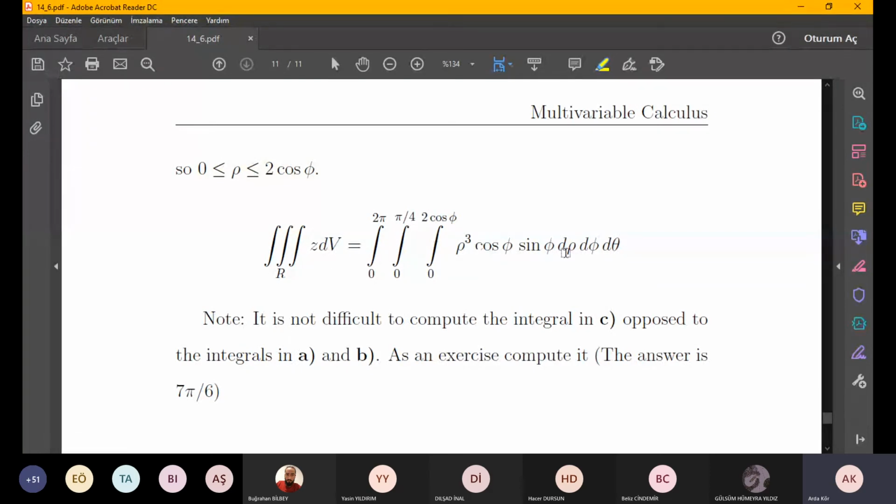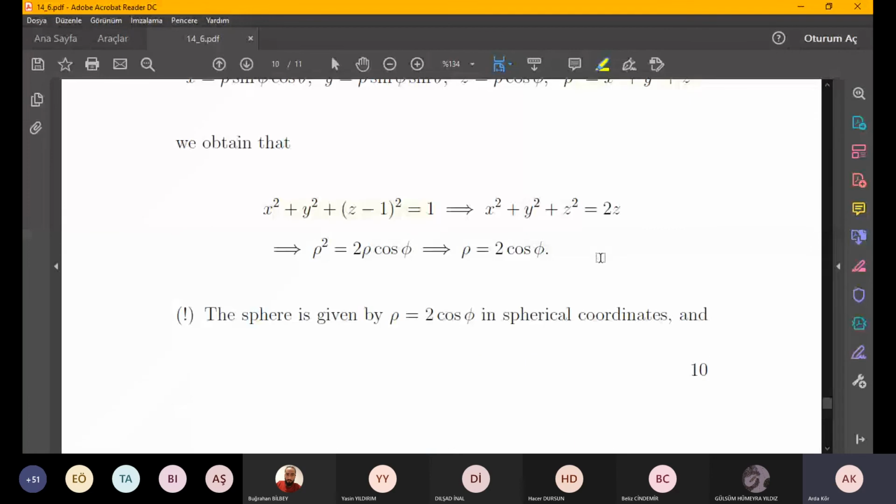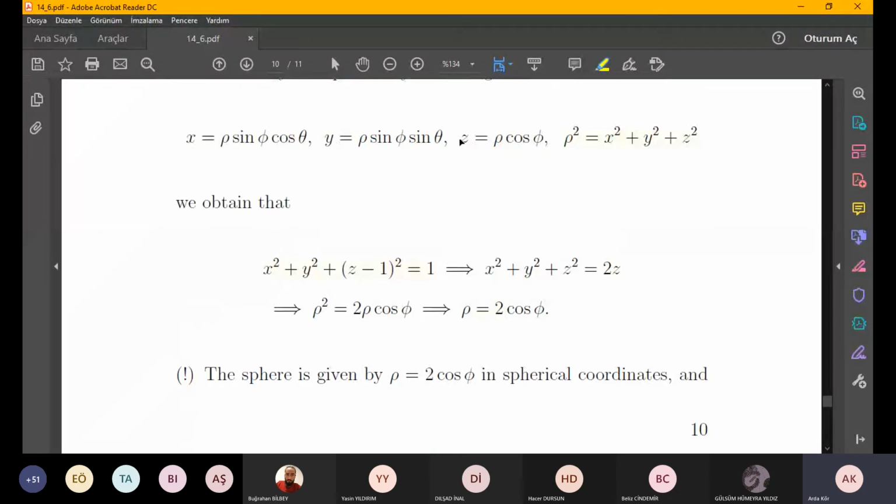After all, you need to just write the function, which is z here. z is rho times cosine phi in spherical coordinates.